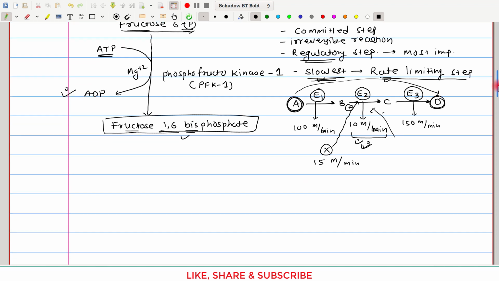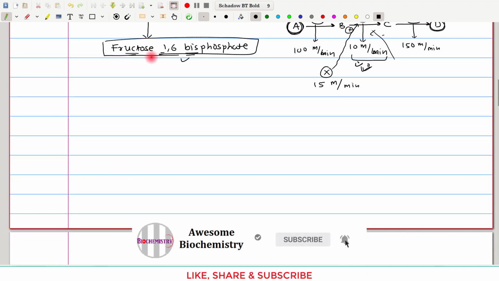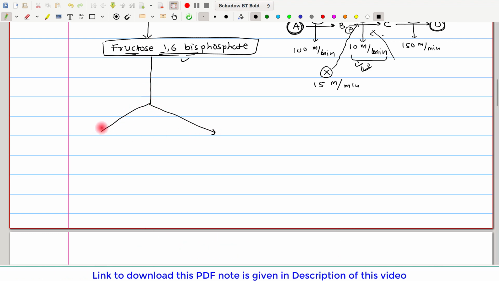Now, what will happen to this fructose 1,6-bisphosphate? It is broken down or split into 2 compounds.